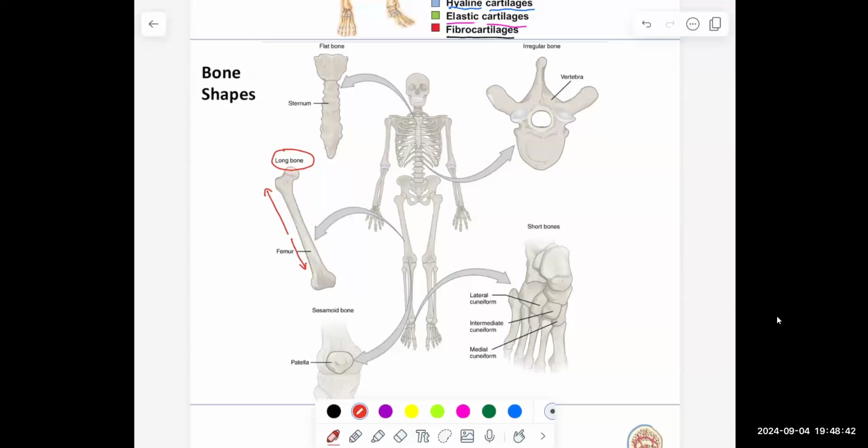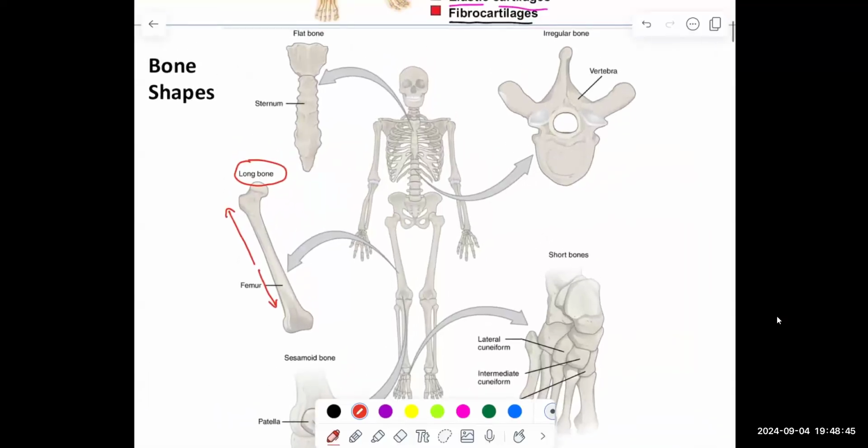I apologize, let me zoom in. Flat bones, even though this one can look like a long bone, it is not growing in the direction of its length. It grows in that direction. So it's not growing super tall, but it is growing wide, which classifies this as a flat bone.